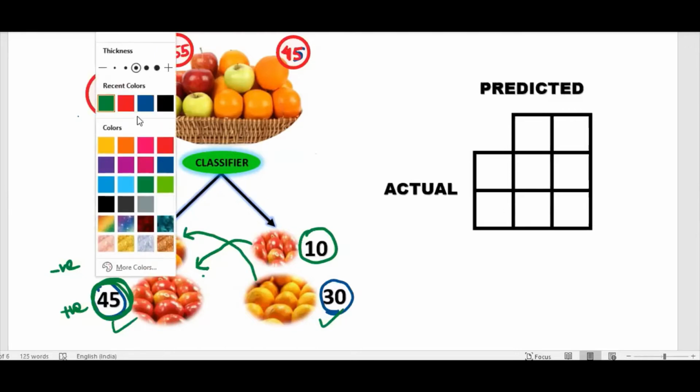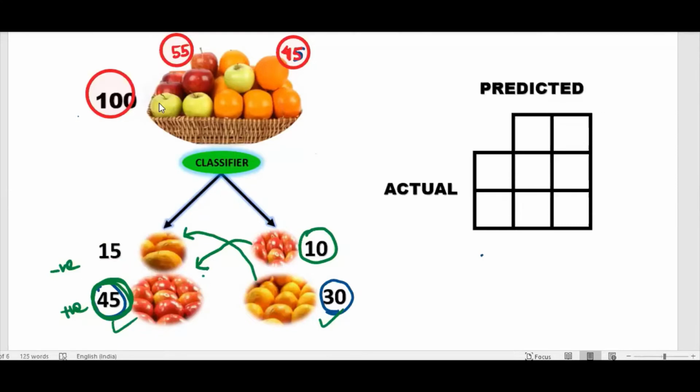Now we'll fill here actual 55. I'll write 55 here. 45. They were mixed up, and whatever classifier we used, that classifier was able to predict 45 properly.